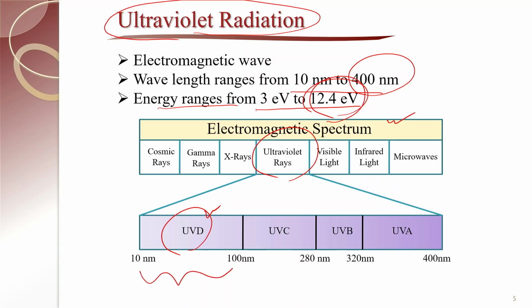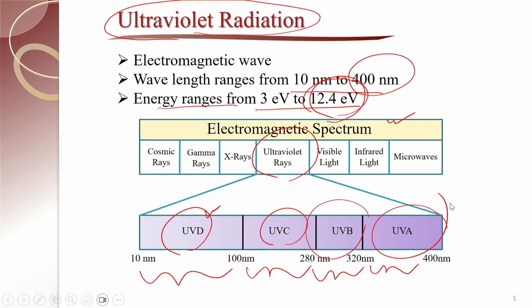UVD carries very high energy, with low wavelength of 10 to 100 nanometer. UVC range is 100 nanometer to 280 nanometer, UVB is 280 to 320 within this narrow range, and 320 to 400 is the UVA.